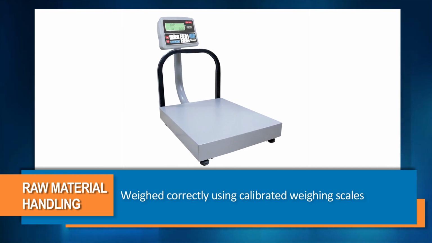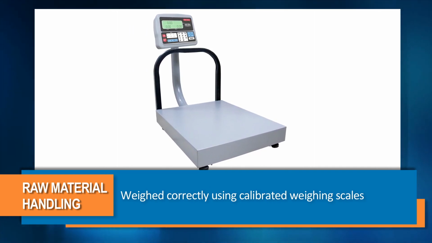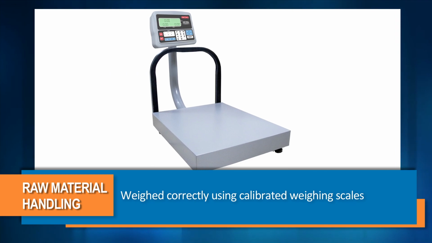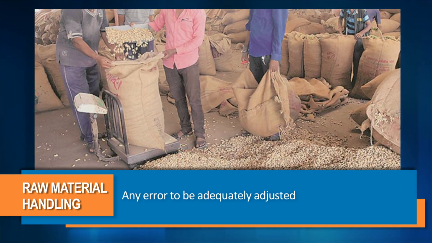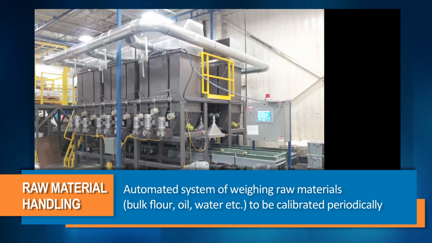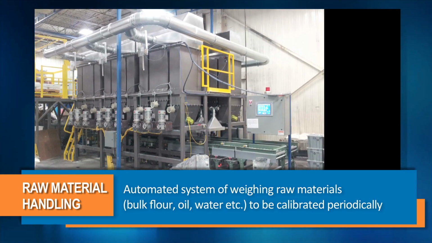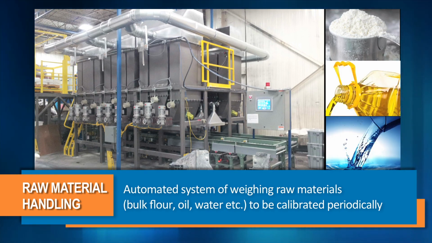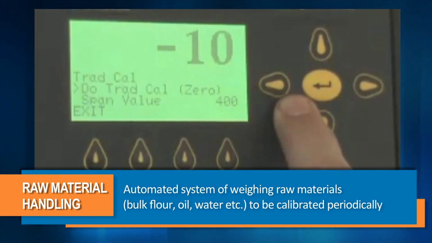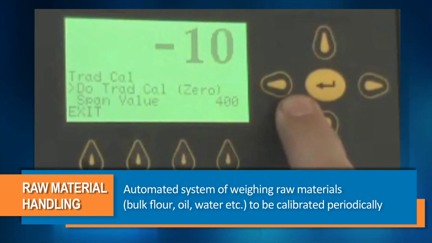Raw materials should be weighed correctly using calibrated weighing scales. Any error should be adequately adjusted. Automated system of weighing raw materials such as bulk flour, oil, water, etc. should also be calibrated periodically.